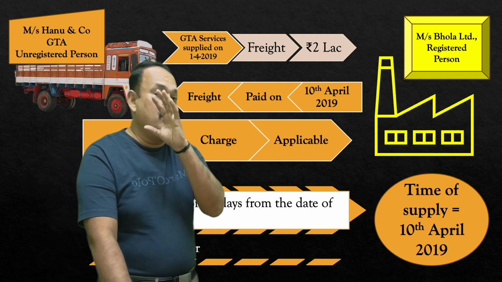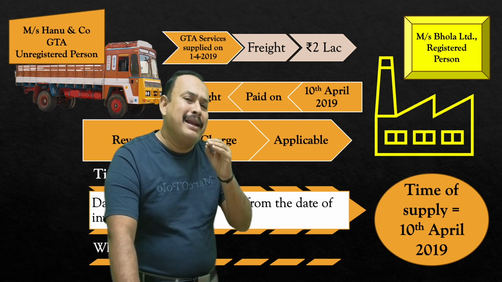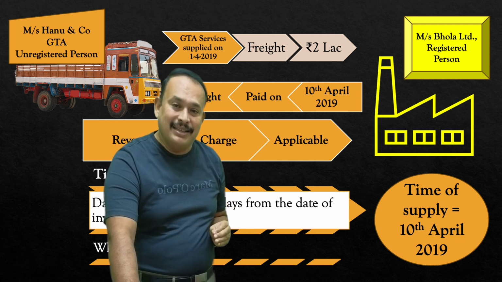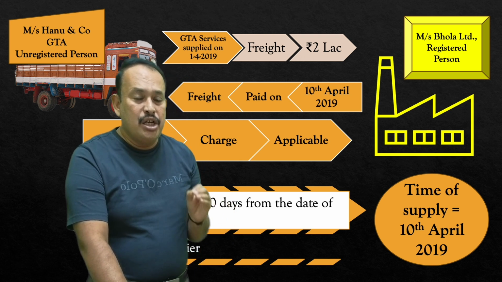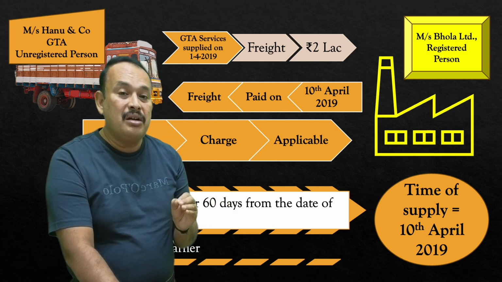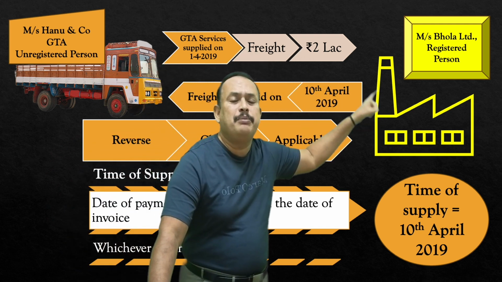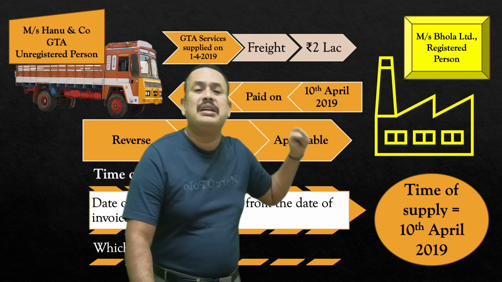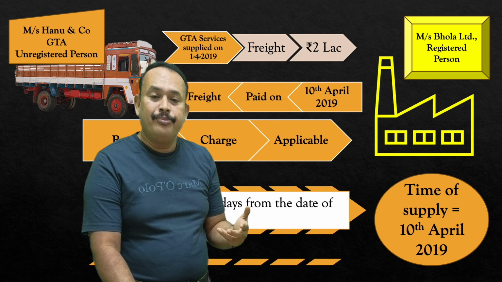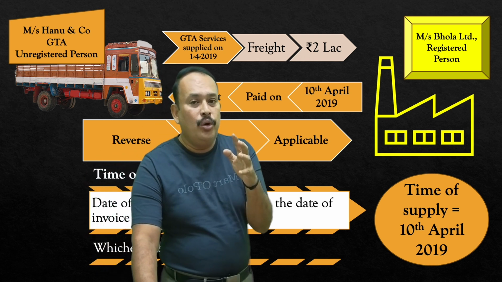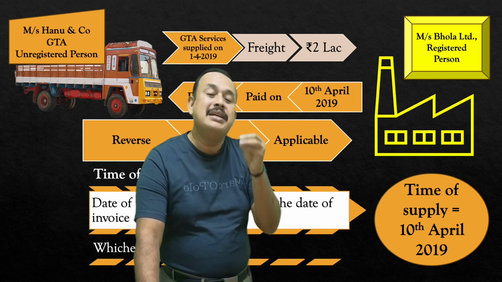Then the circular of the CBIC gave a very big relaxation to the taxpayer, saying that all department officers and industry should follow this particular concept: where a registered person, being a recipient, received goods or services from an unregistered person and it is under RCM, the invoice should be issued by the recipient.